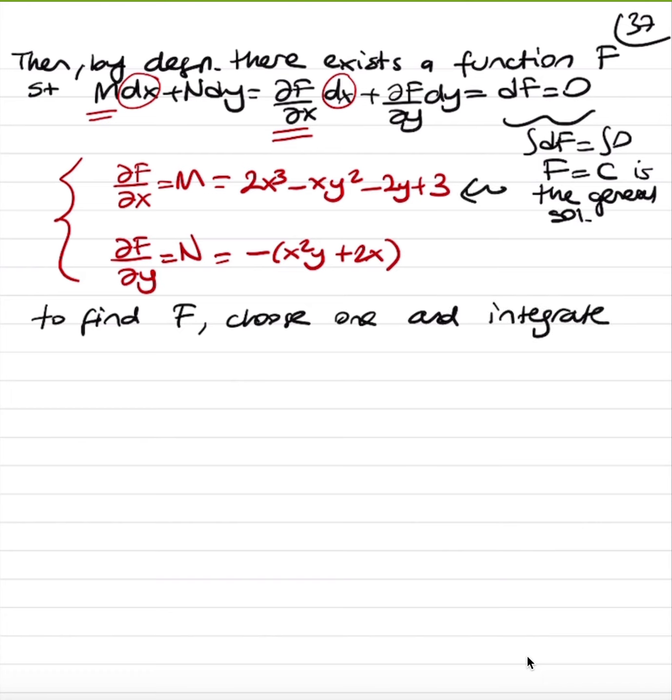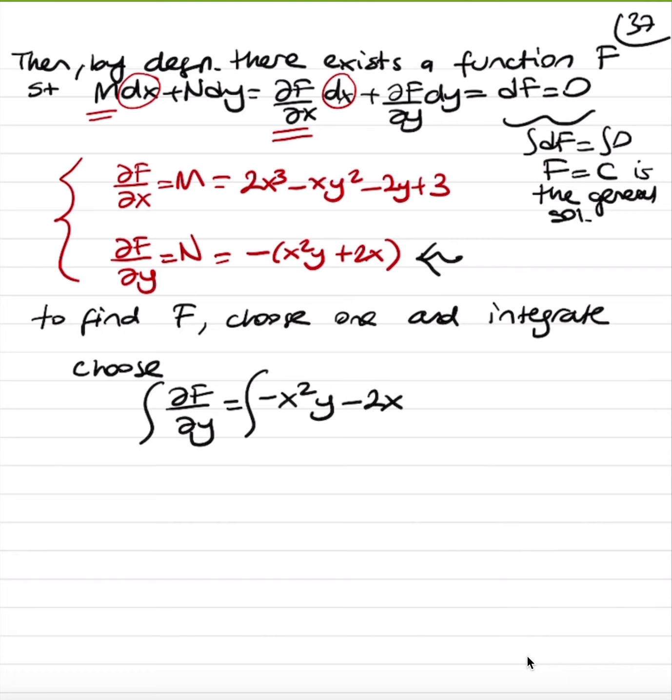So I will choose this first one. Or should I choose? Okay, I will choose the second one. Okay, let's do something different. So choose del f over del y, which is equal to n, but I will multiply with minus 2x.